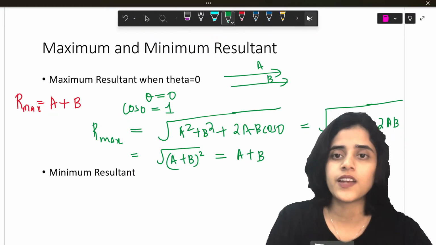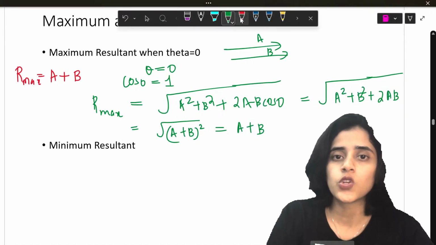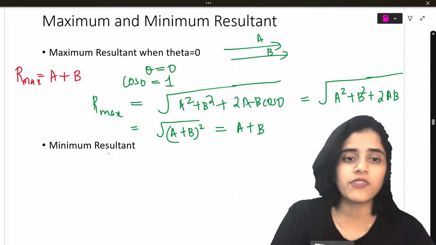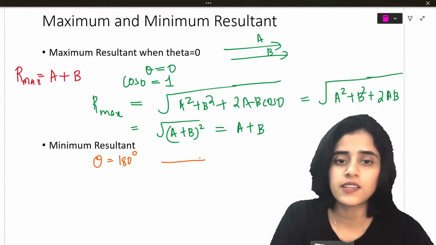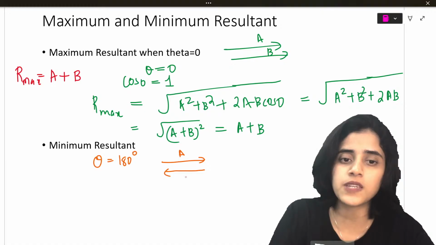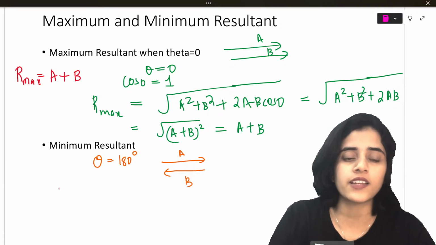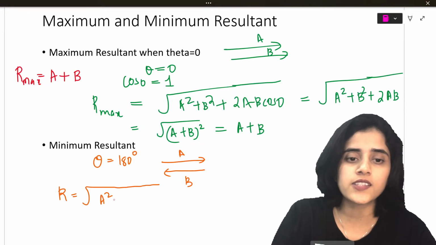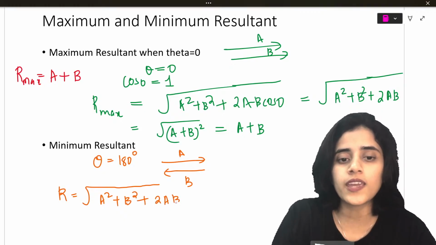Now, when do we have minimum resultant? Minimum resultant is when theta is equal to 180 degree. That means you have A and B same magnitude but in opposite directions. So let's calculate. R will be equal to square root of A square plus B square plus 2AB cos 180 degree.